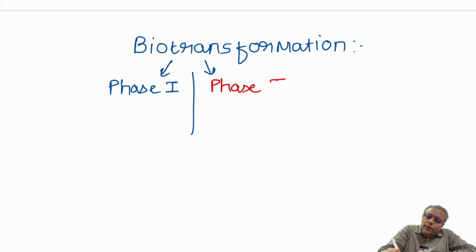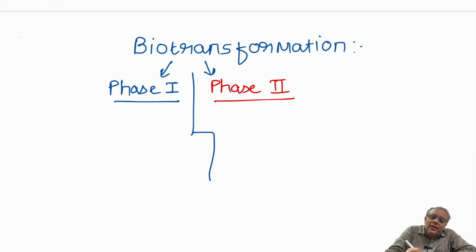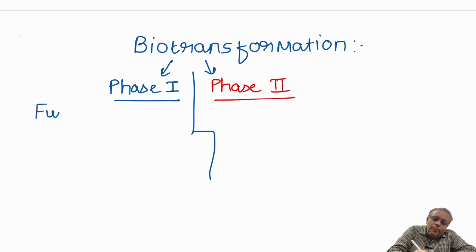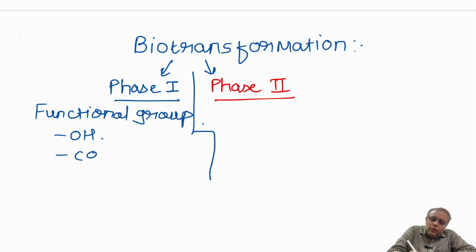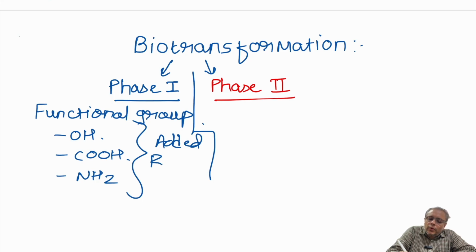Now you have to understand the basic difference between these two. In phase 1 biotransformation reaction, a functional group like the OH or COOH or NH2, this group, they have been either added or removed.